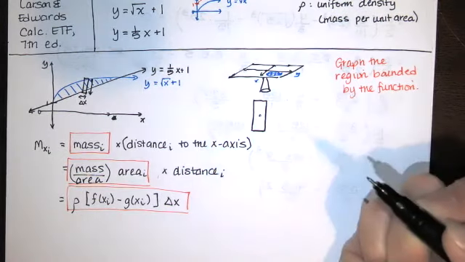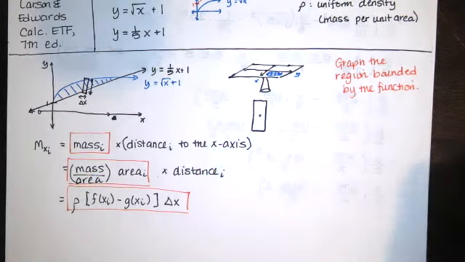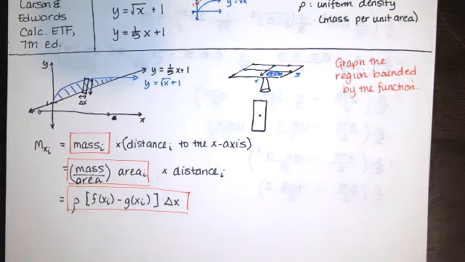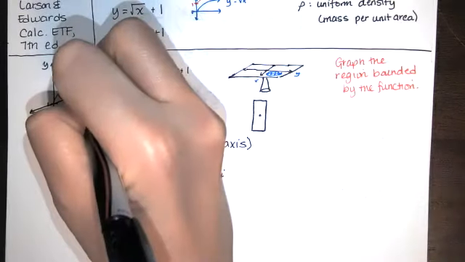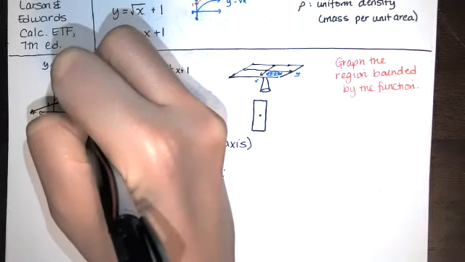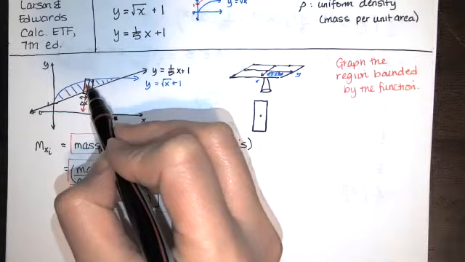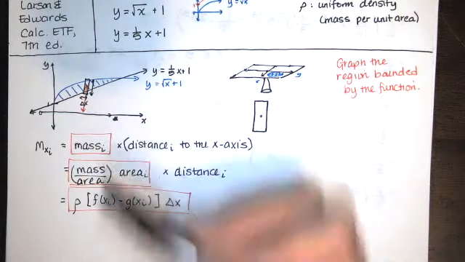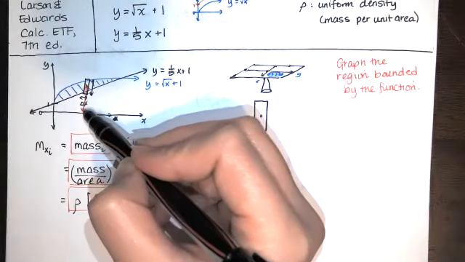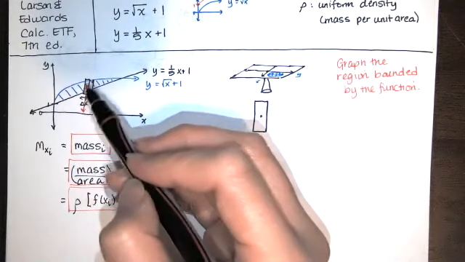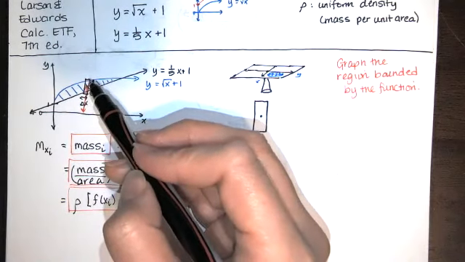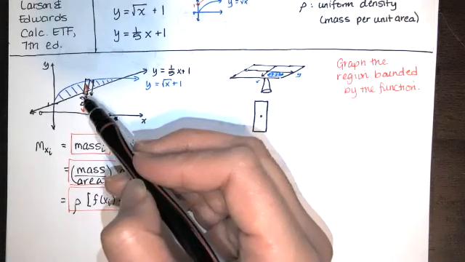So it's exactly where you would think it would be, right there in the middle. So the distance to the x-axis is going to come from that middle point in our rectangle down to the x-axis. The y value of the middle point is just the average y value between these two y values.